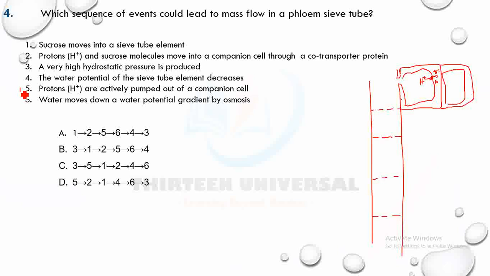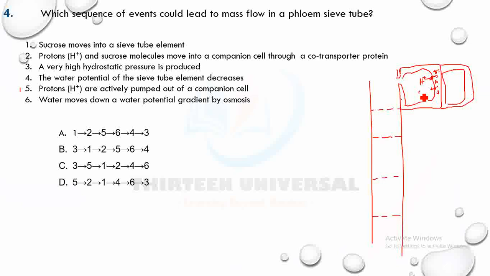Okay, this is how sucrose is loaded. First of all, protons or hydrogen ions are pumped out of the companion cell into the cell wall, and that sets up a hydrogen ion concentration gradient. The hydrogen ions will now move back in by facilitated diffusion, but together with sucrose. Sucrose moves with hydrogen ion.